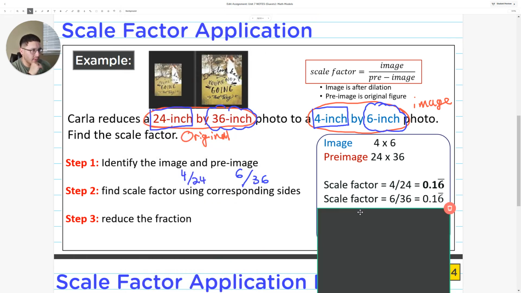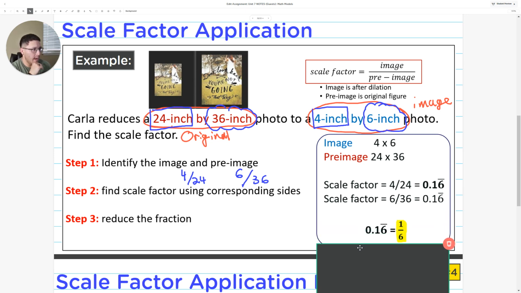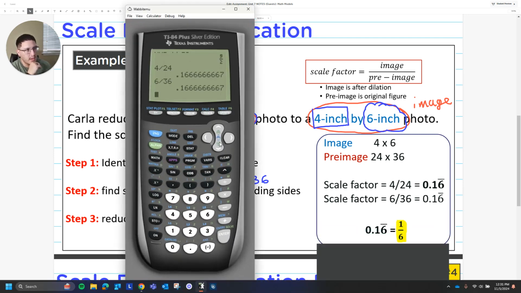So the scale factor is 0.16 repeating. However, let's say we want the fraction form, because saying 0.16 repeating is not exactly the best. So change this into a fraction. Math, enter, enter using the TI-84. And we have a reduced fraction of 1 over 6. That is the scale factor.